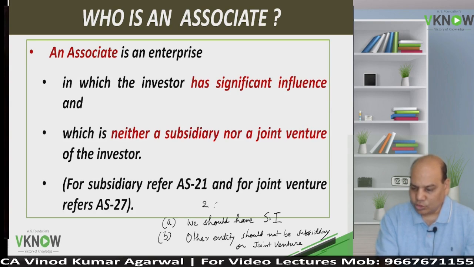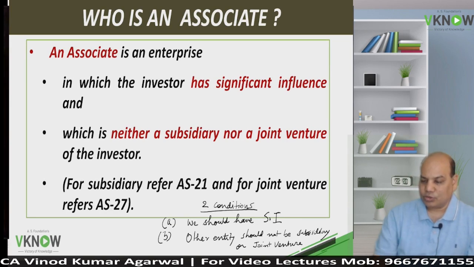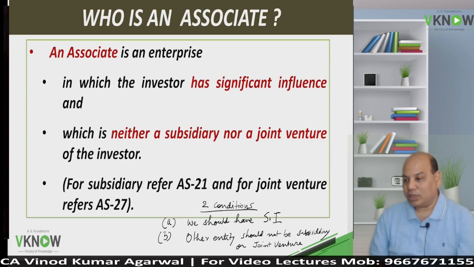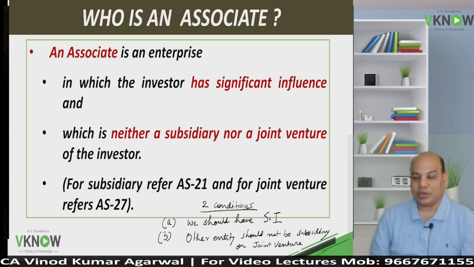So these are the two conditions required for other entities to be our associate companies. We should have significant influence and the other entity should not be our subsidiary or joint venture.